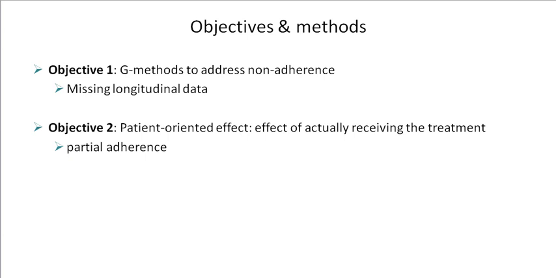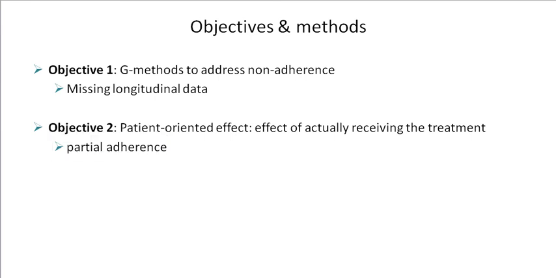This approach instead assumes that the indicator of randomization group is an instrument. However, much of the analysis in the health-related applications is too simplistic, considering compliance as a binary phenomenon. In this Objective 2, we want to address partial non-adherence, which is a more practical problem in the pragmatic longitudinal trials.